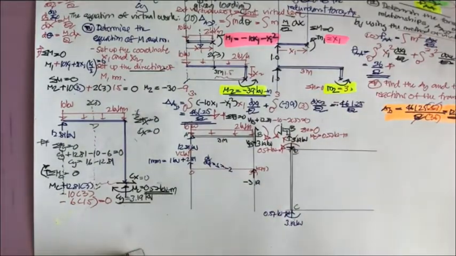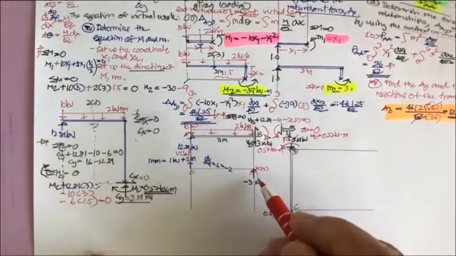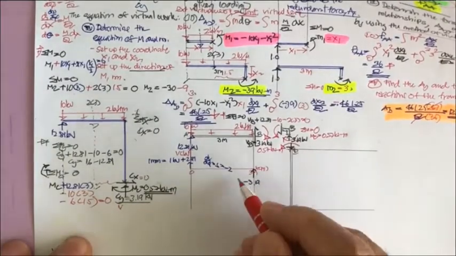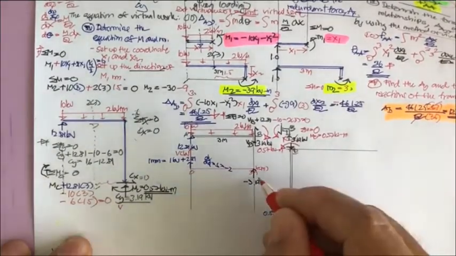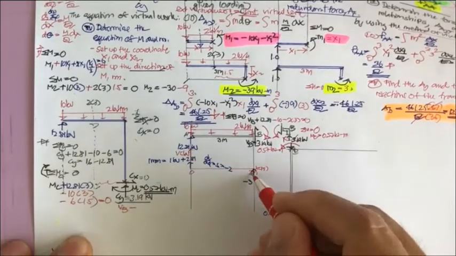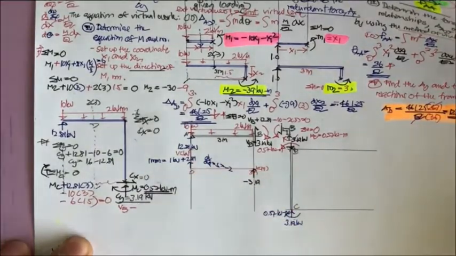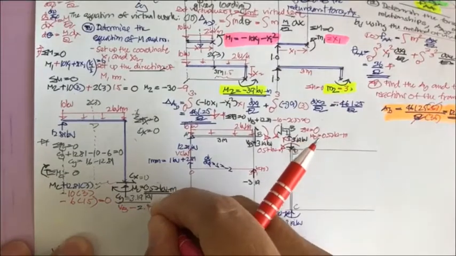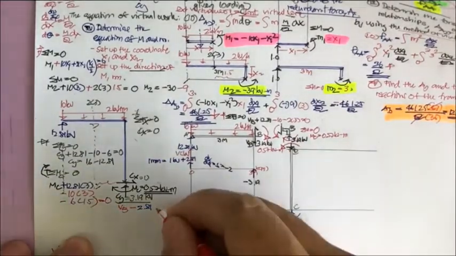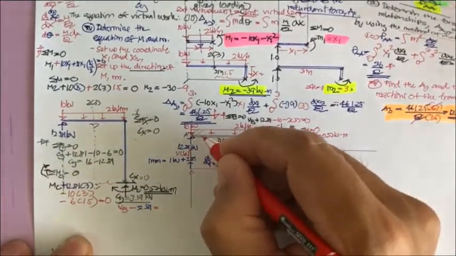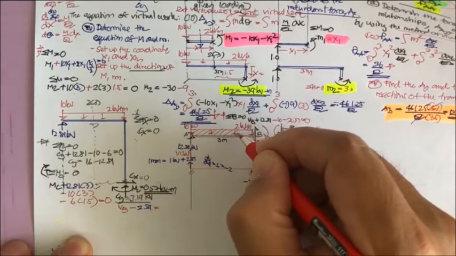If you know that. If not, you can prove it. Okay, you may prove this one by V sub B minus V sub A minus 2.81, and it's going to be equal to minus of the area here.